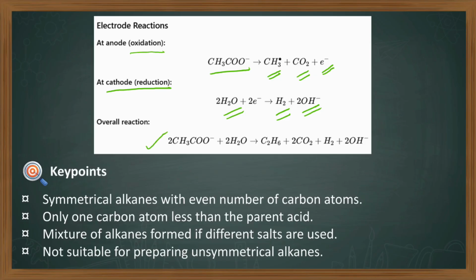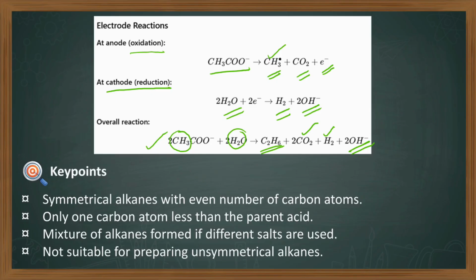We can see clearly the two methyl radicals couple to give ethane, and COO minus escapes as CO2, and hydrogen is liberated along with the production of hydroxyl ions.